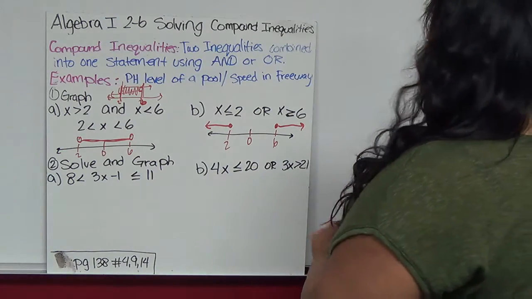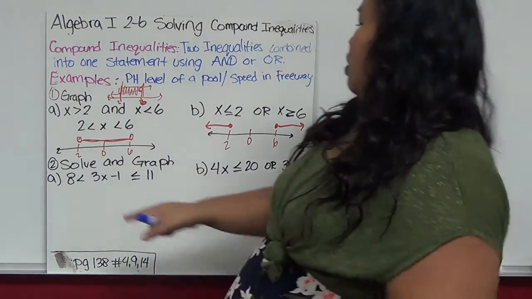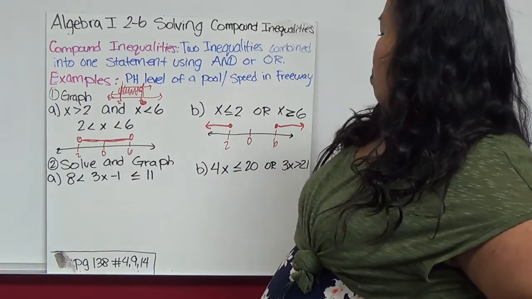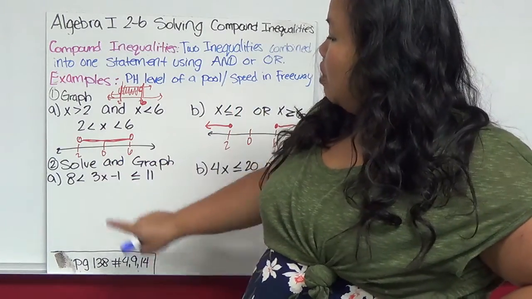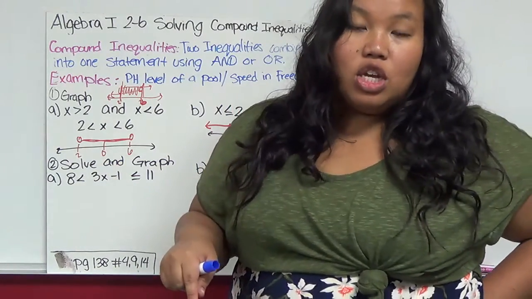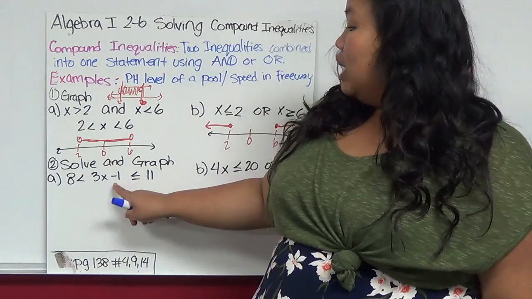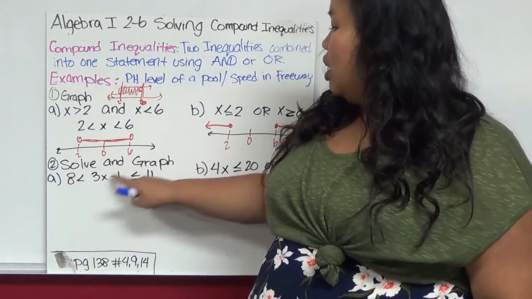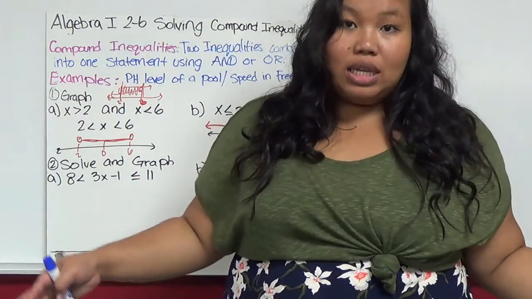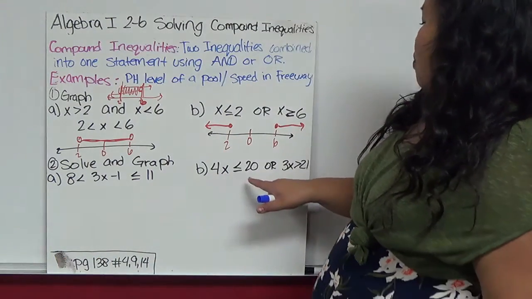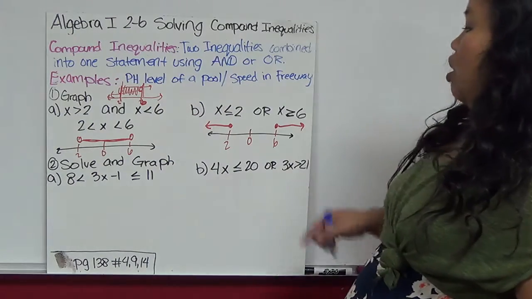So if we're going to solve and graph this, let's solve this one. For the ands, when there is an x in the middle, you're isolating the x. So remember that rule, whatever I do to one side, I have to do to the other? Well, in this case, if I have three different sides, whatever I do to one side, I have to do to the other sides, okay? For these other ones, I just treat them like two individual equations, so that's a little bit simpler, okay?